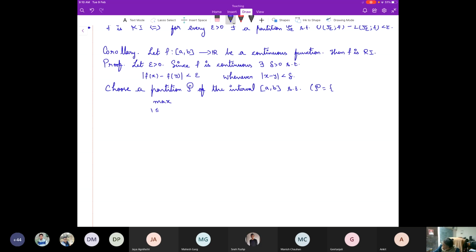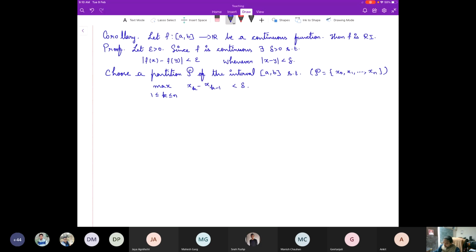The partition that I wanted is x0, x1, up to xn. Of course, x0 is a and xn is b. The maximum over 1 less than or equal to k less than or equal to n of x_k minus x_{k-1} should be less than delta. I choose one partition of this form. That much is enough.